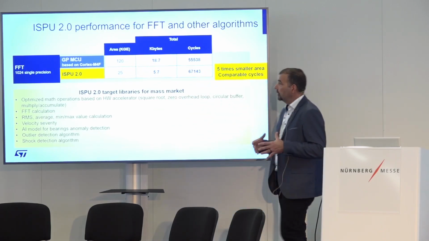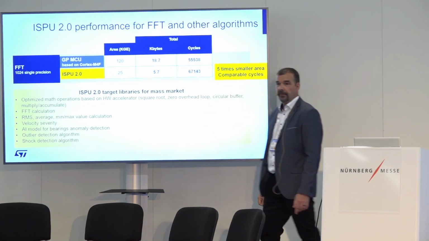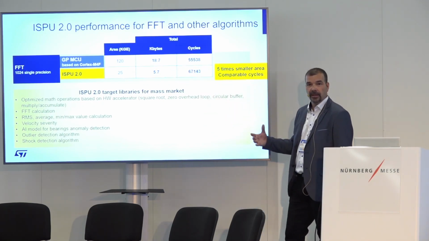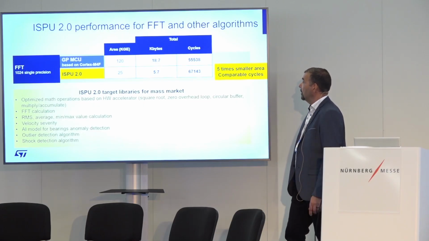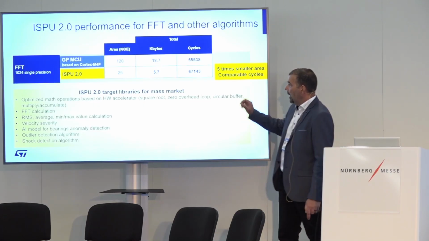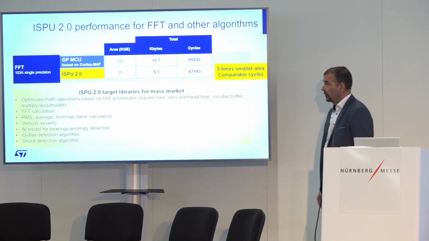So the code is more dense. We are occupying less memory. So you can also save the memory of your microcontroller, for example, when you run it on the ISPU directly. And in terms of cycles, it's comparable. So the speed is similar.